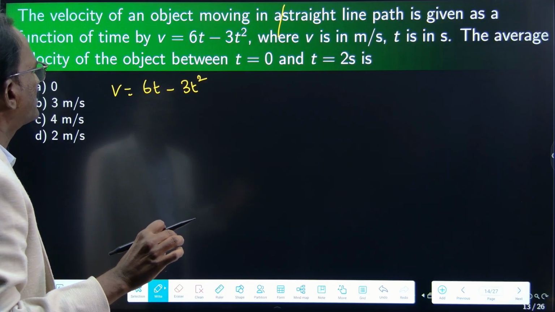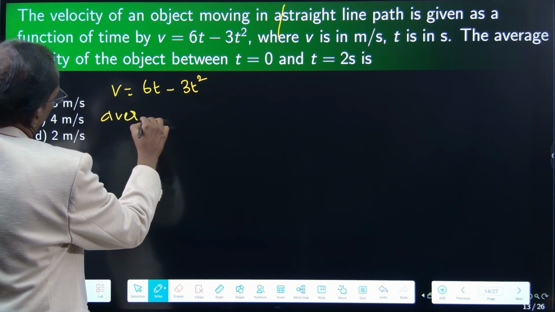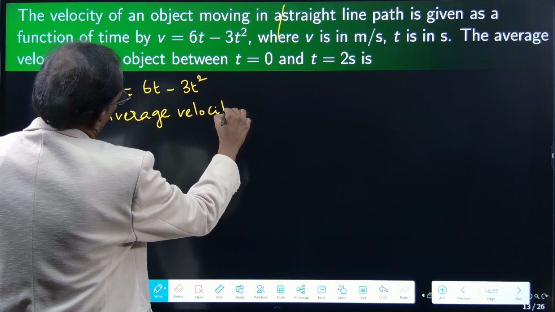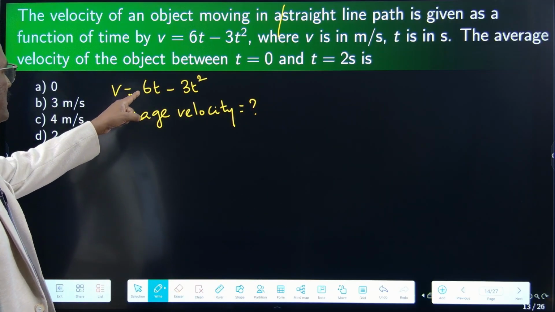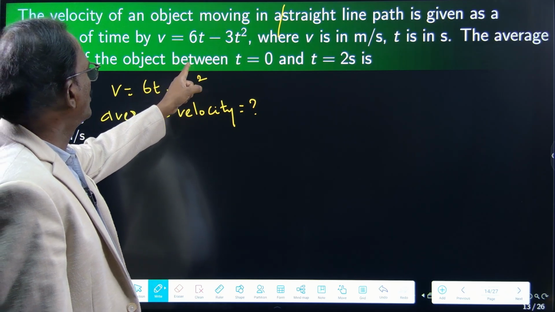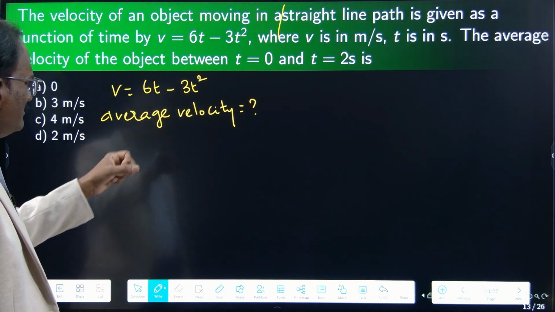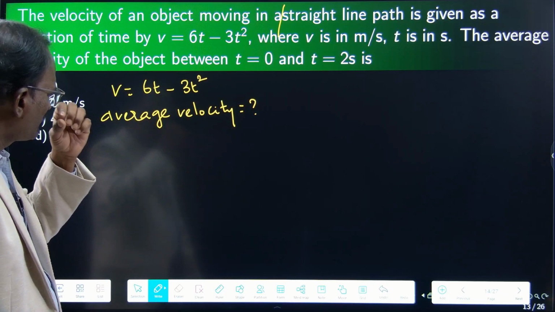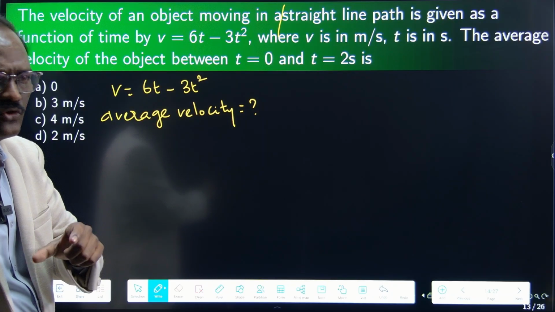The average velocity of the object is what? Velocity is given. Average velocity between 0 and 2 seconds is in question, right? First let me explain what you should not do.